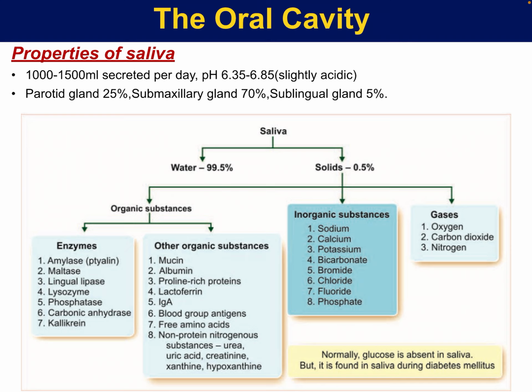Inorganic substances include sodium, calcium, potassium, bicarbonate, bromide, chloride, fluoride and phosphates. Saliva also contains small amounts of oxygen, carbon dioxide and nitrogen.